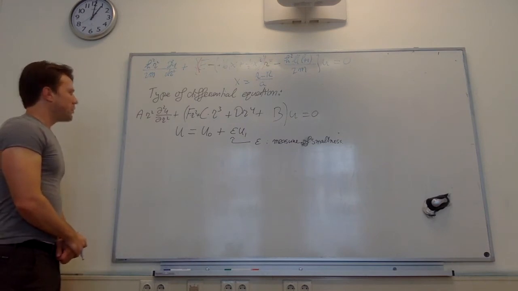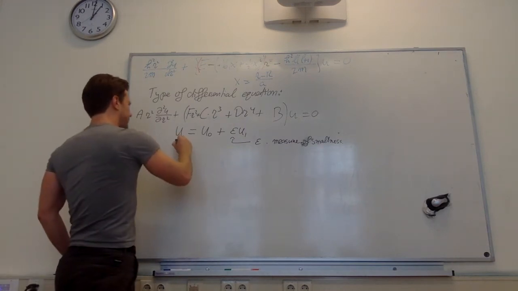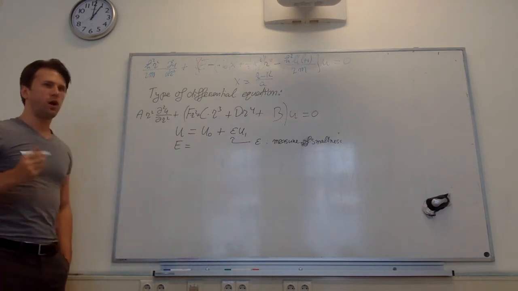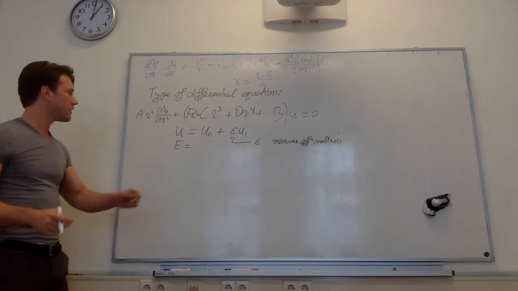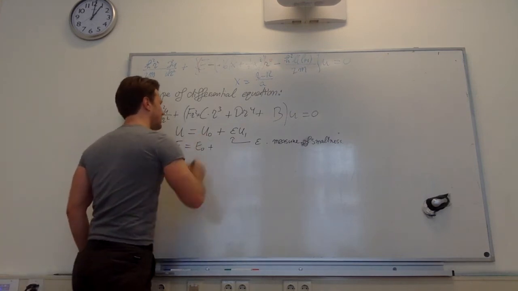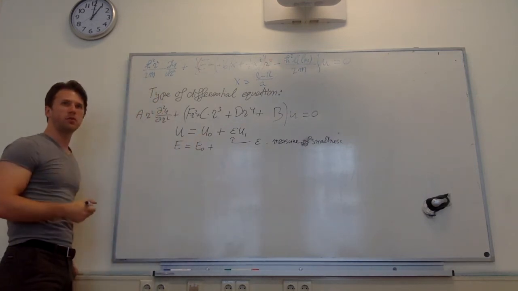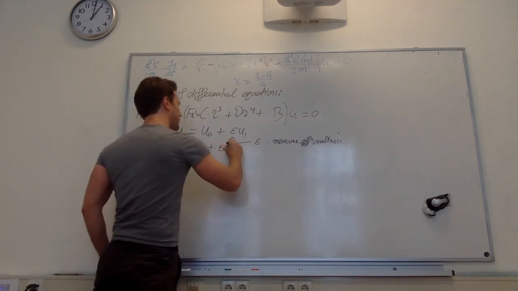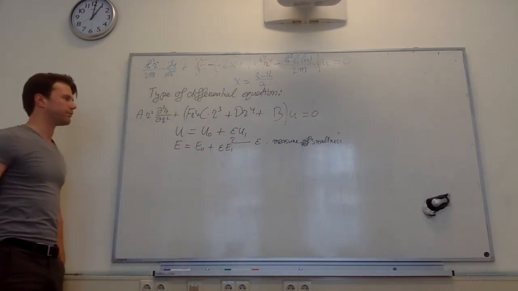Now, that will mean that the energies will also consist of the energy that corresponds to the easy solution, it's called E0, plus a small contribution, epsilon this.